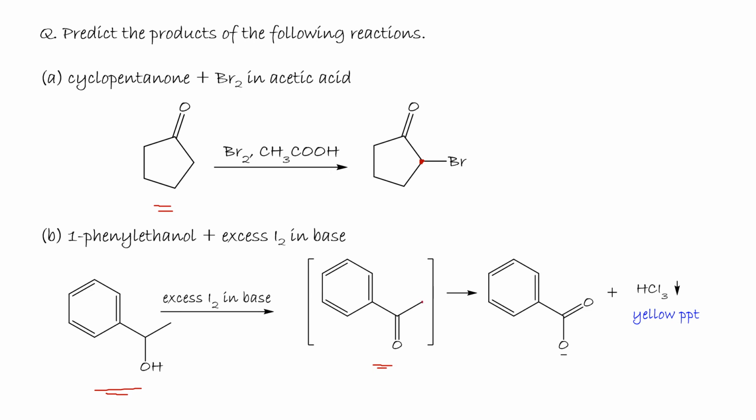This carbon has 3 hydrogens, which will be replaced by iodine, forming iodoform in basic condition, a yellow precipitate, and of course plus benzoate.